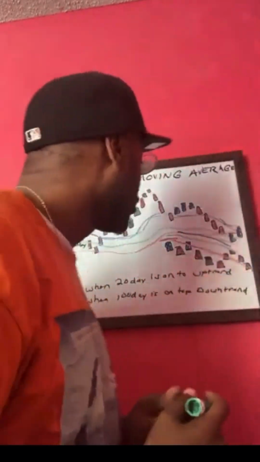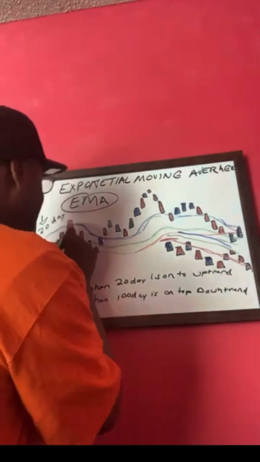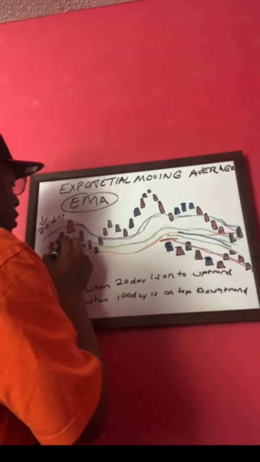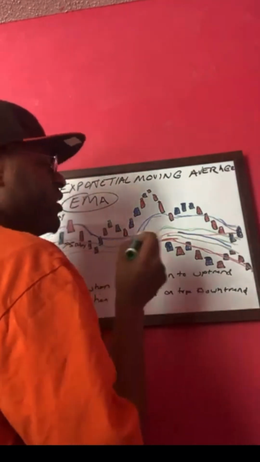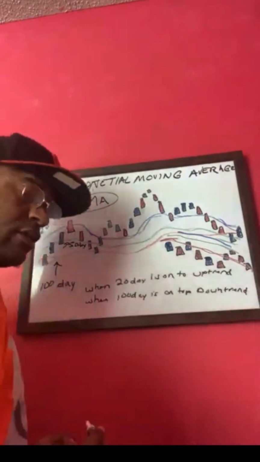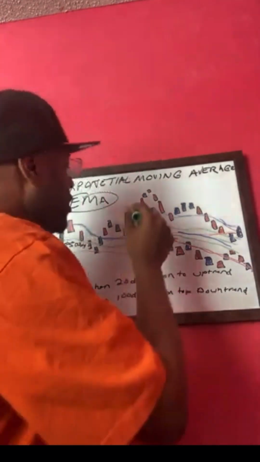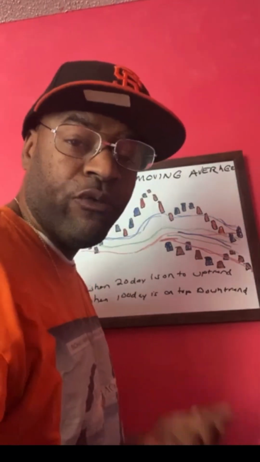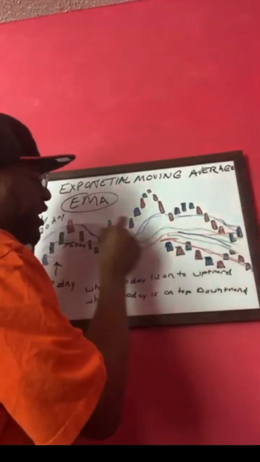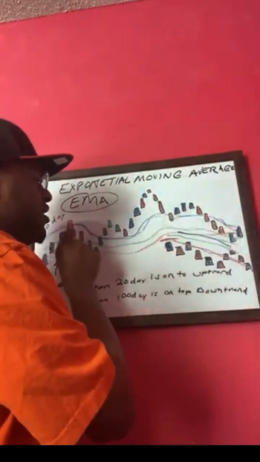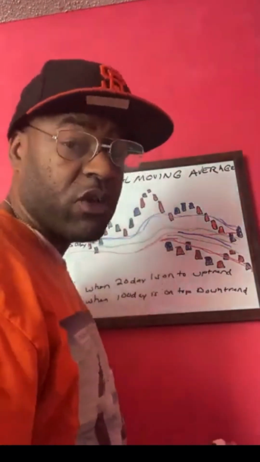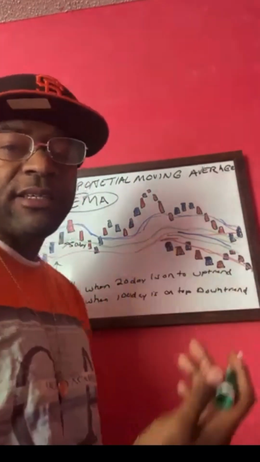You with me? Okay, so the second line, which is the green line, is called the 50-day EMA, or moving average. You know what I mean? Because basically, these three lines are a representation of a moving average. This is a 20-day moving average, this is a 50-day moving average, and this is a 100-day moving average. And if you don't know what a moving average is, it's basically the exact same thing as the EMA.